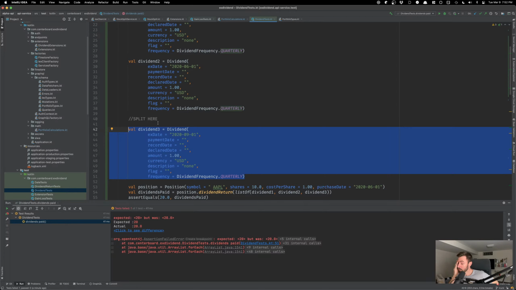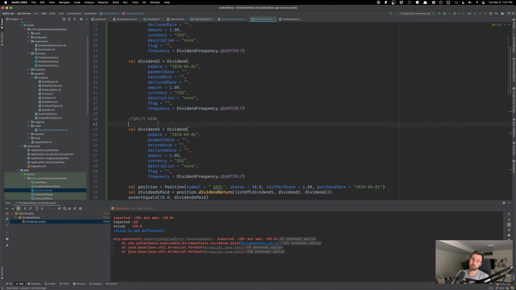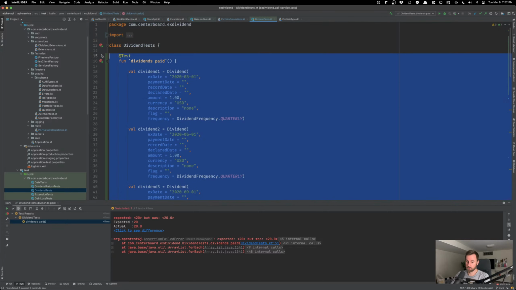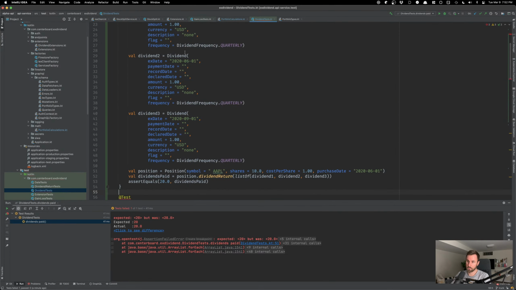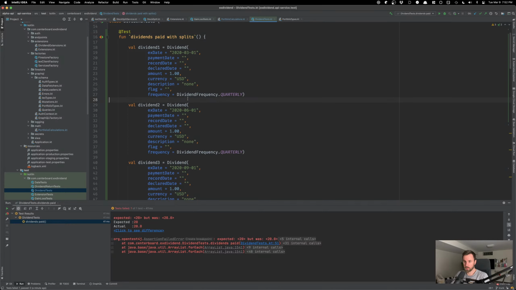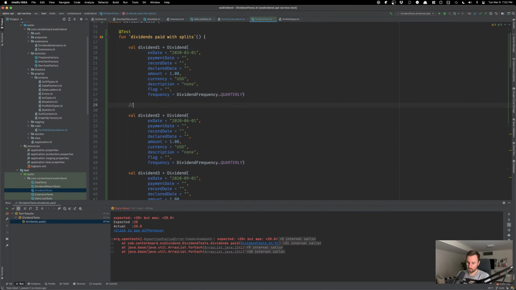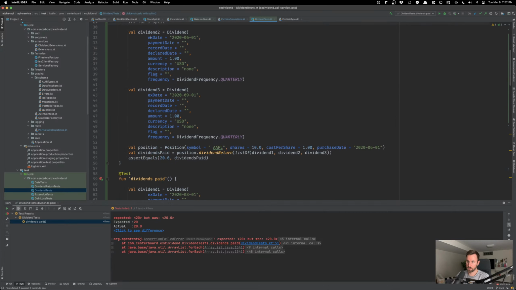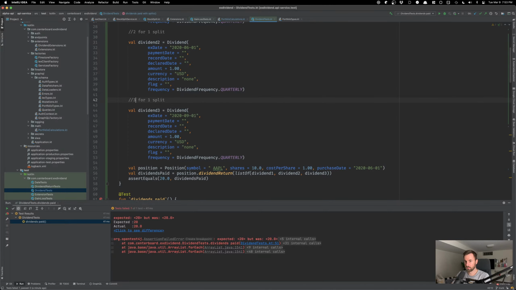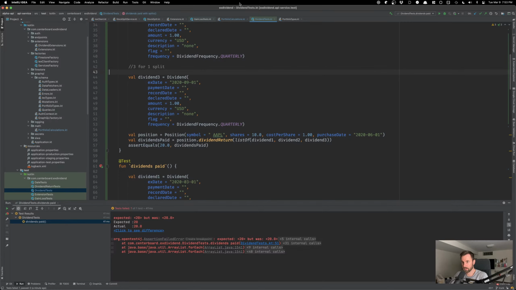And in theory, it could split multiple times. So we could be in a situation where it's split in both spots. So let's try this out. Let's say there was a 2-for-1 split here, and let's say there was a 3-for-1 split here. So let's go ahead and put that in.